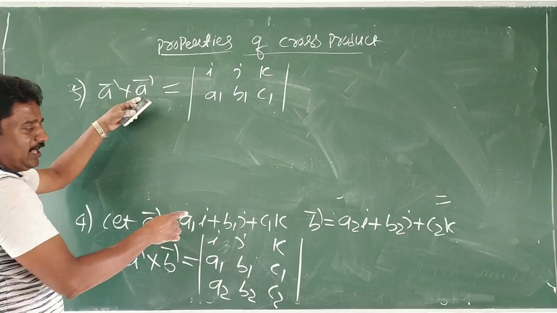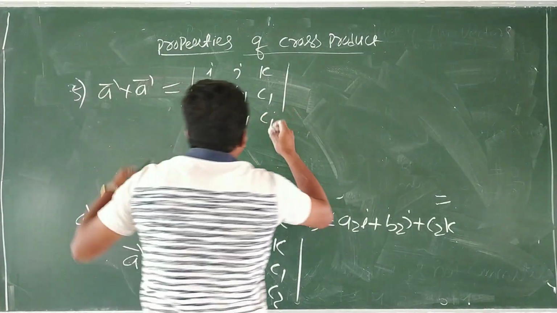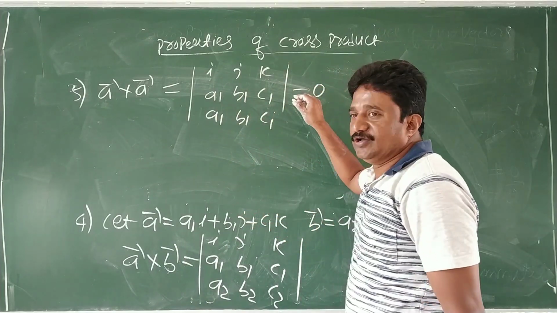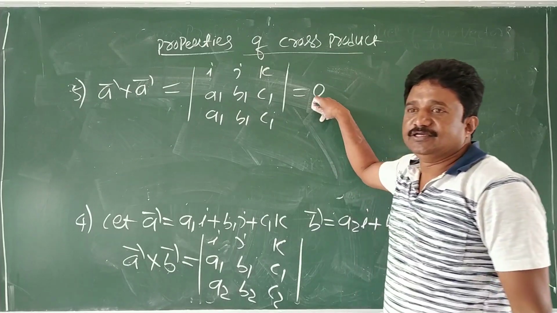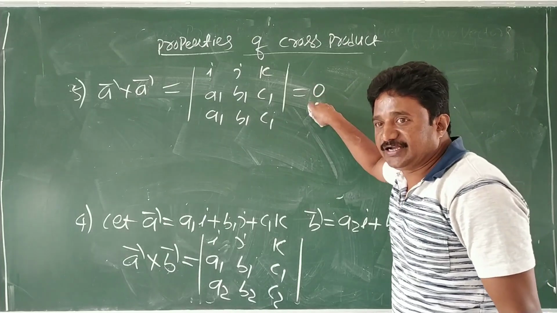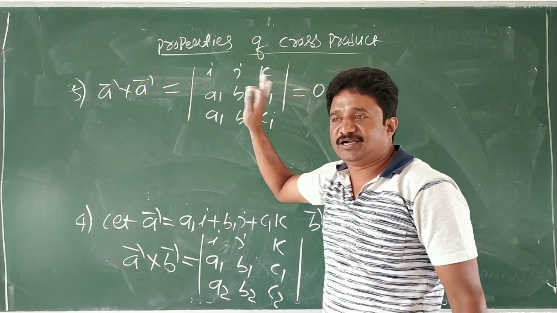Components of vector A again: A1, B1, C1. You see this, students? It is equal to 0. What should I write? 0 or 0 vector? Decide. Quick. 0 vector, because the cross product is a vector, not a scalar.